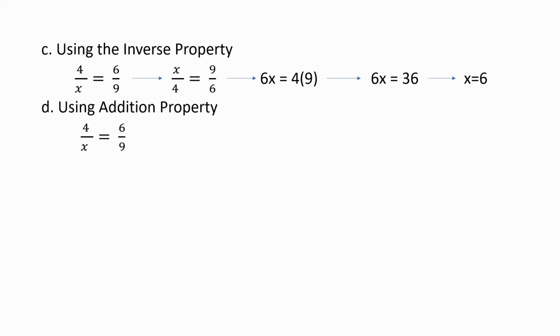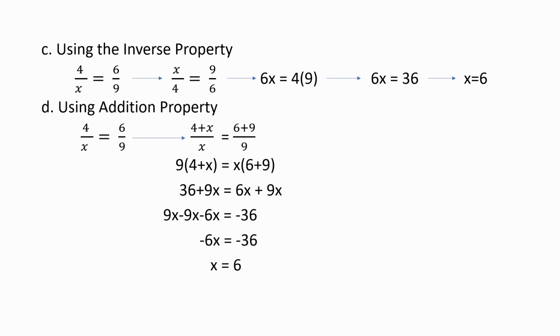Another is using the addition property. So you have there the given. So how do we apply addition here? So you have there 4 plus x over x, and that would be equal to 6 plus 9 over 9. So the denominator, you have there x, we also added x on the numerator.